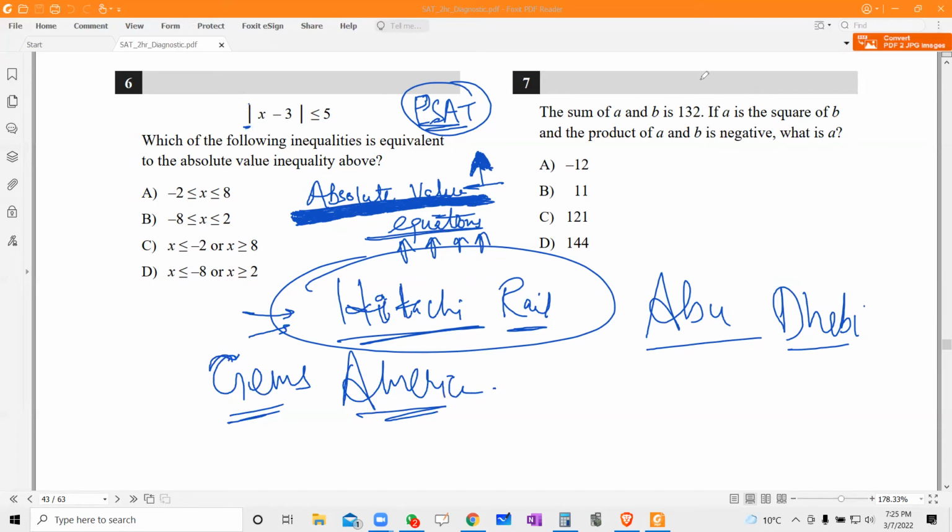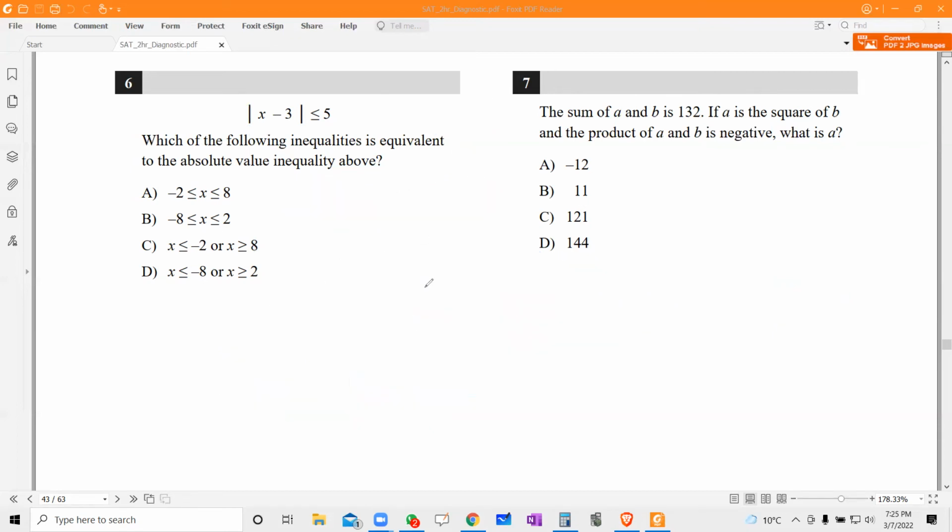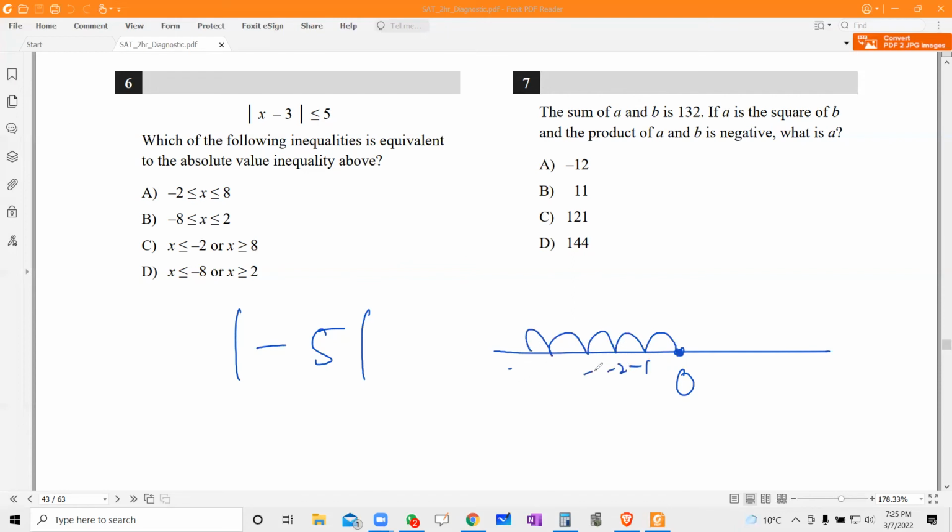If you have the absolute value of -5, this means from the number line, from the origin, what is the distance from 0 to -5? It's -1, -2, -3, -4, -5. The distance is actually 5 units, right?